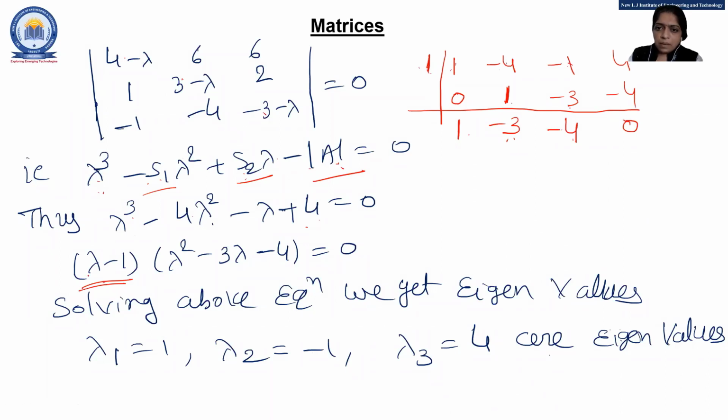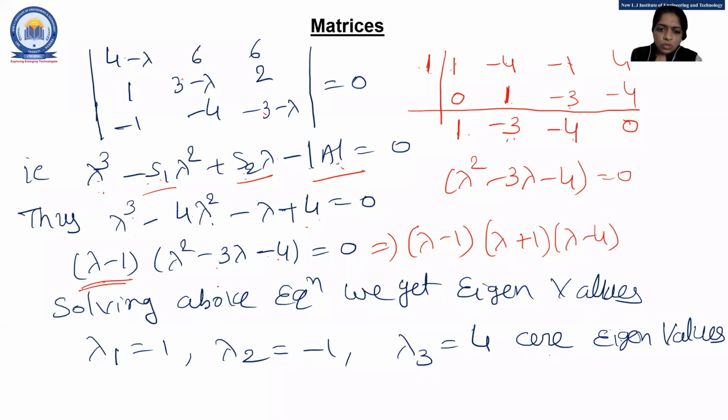So one factor is lambda -1, and the other factor has these coefficients: the coefficient of lambda square, the coefficient of lambda, and -4. So this is lambda square -3 lambda -4. The factors of this quadratic equation are lambda plus 1 and lambda -4.